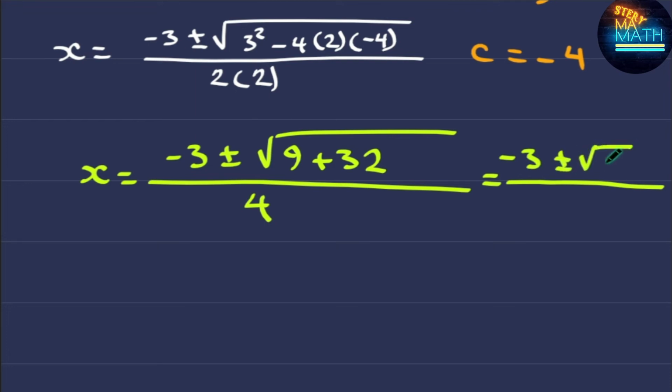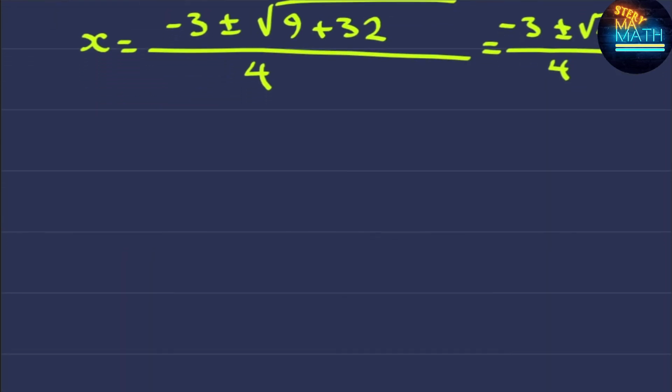But here in the question, remember, approximating the result to the nearest tenth. So get it in the calculator and then round up or down. Now, negative 3 plus the square root of 41 divided by 4, or negative 3 minus the square root of 41 divided by 4, just breaking it up into two parts. One is positive, and the other is negative.